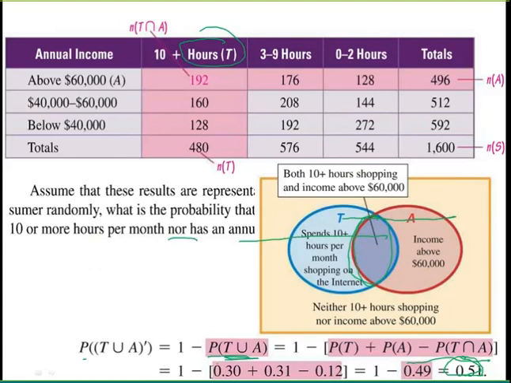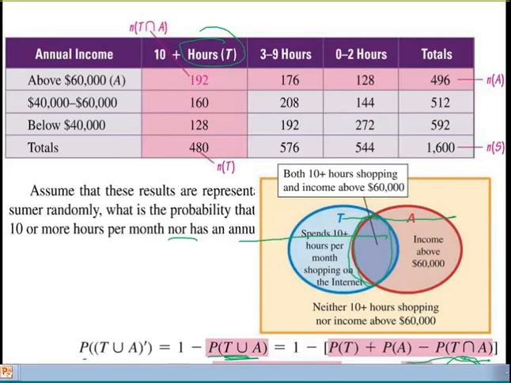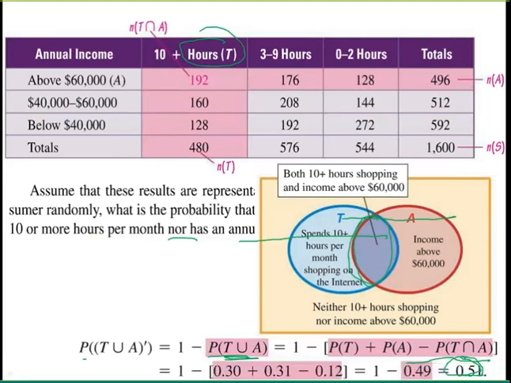So here the union is found by taking our formula, so we'll just do the whole union here. So probability of, we'll call it T union A, like we have over here. So to find this whole union, what we need to do is figure out what's the probability of T happening. It's the 480. So it's the 480 out of the total 1600.